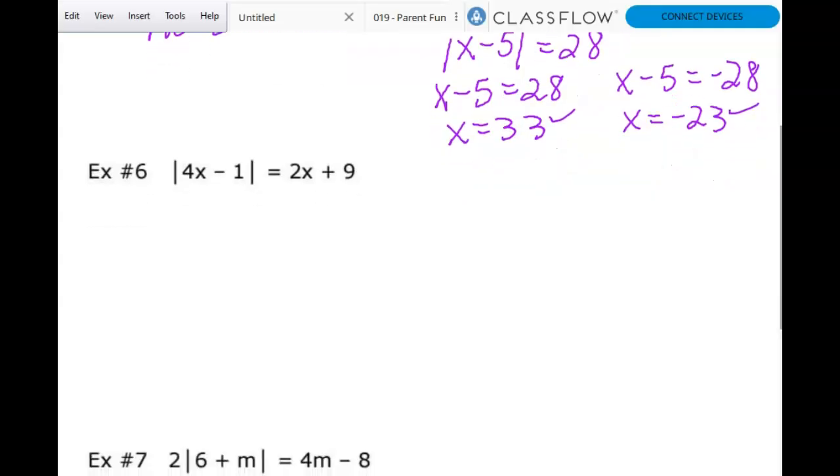For example 6, is the absolute value isolated? All right, so I'm going to do 4x minus 1 equals 2x plus 9. That's my positive one. But then I also have to do negative.